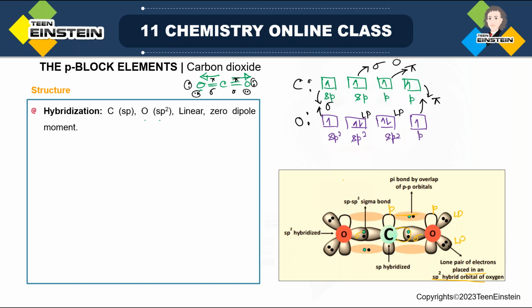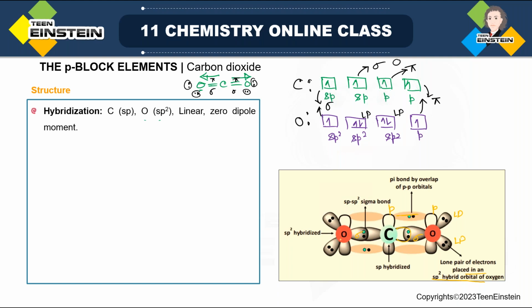So why are these details required? Suppose you get a question where it is asked, in which orbital is the lone pair residing? Is it sp3 or sp2 or pure sp orbital? To answer this question, we should know in what type of orbital the lone pair is residing. Okay, so it is the sp2 hybrid orbital.